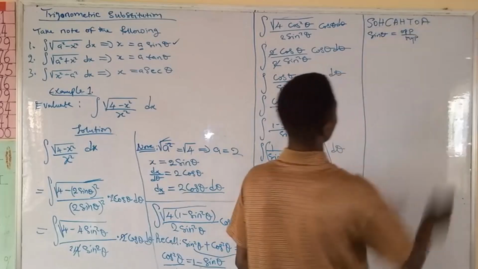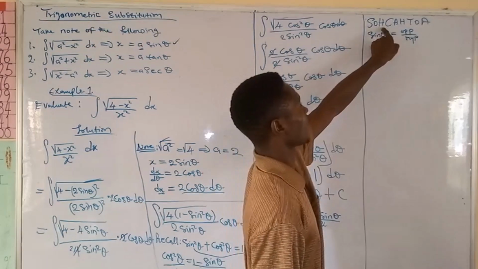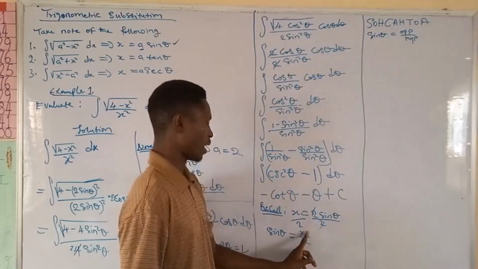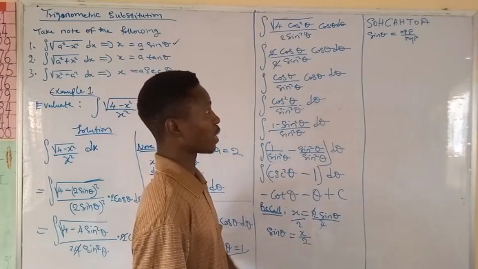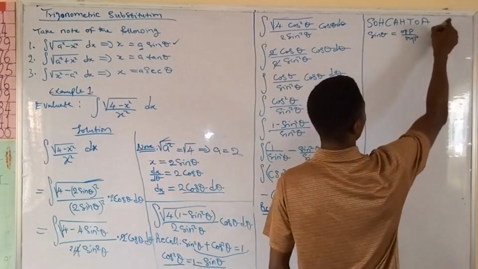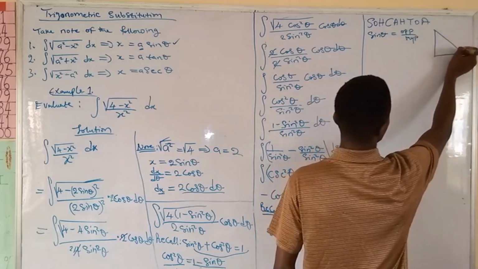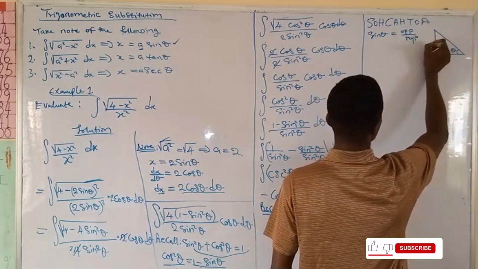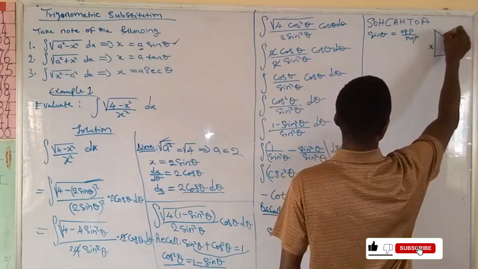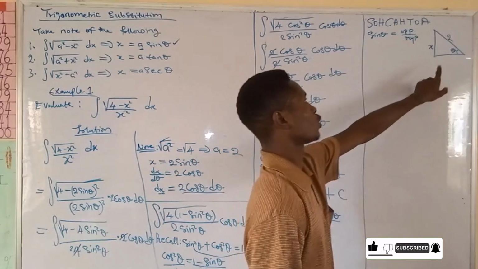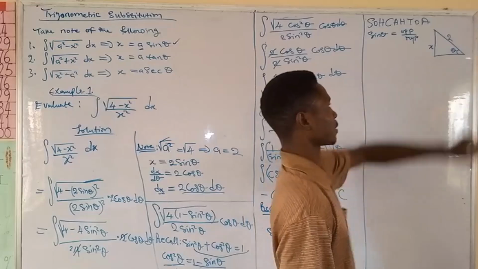Hypotenuse. That's what this means, opposite over hypotenuse. So it means x is opposite and 2 is our hypotenuse. So if you allow me, let me draw a right angle triangle, and this is our angle theta. So this becomes the opposite, which is x, and this is the hypotenuse 2. So we don't have the adjacent.